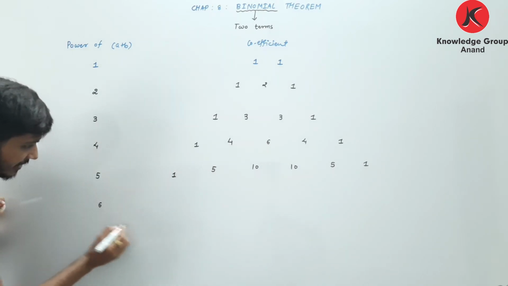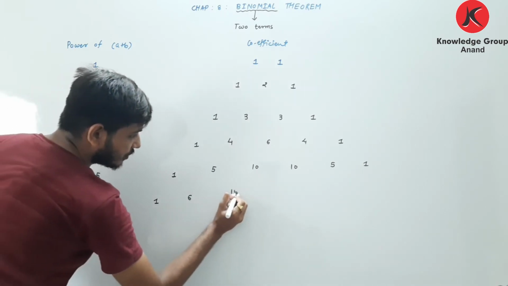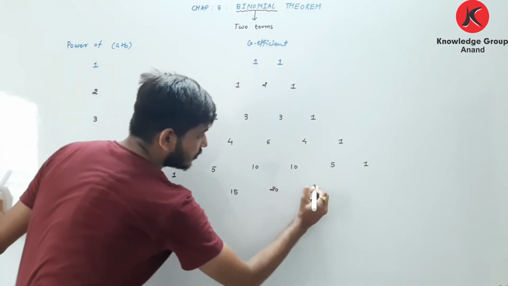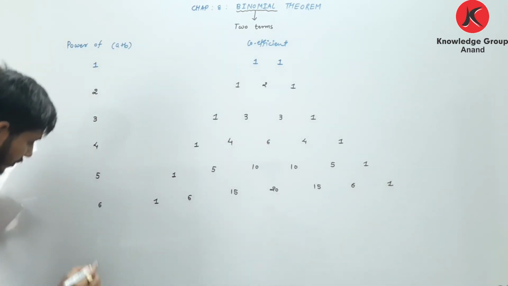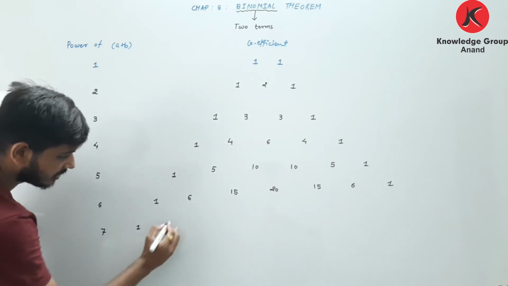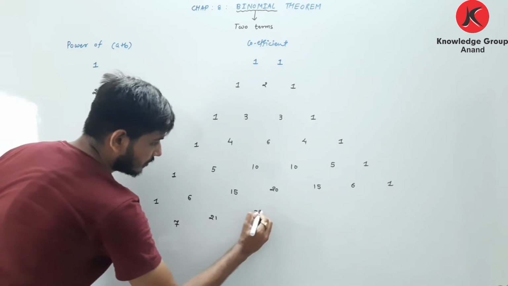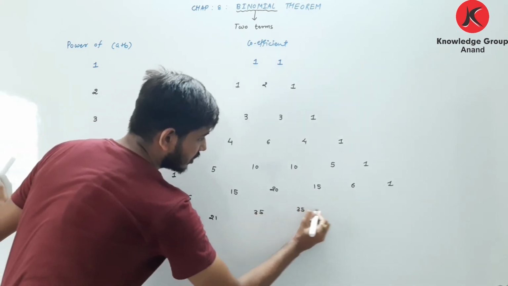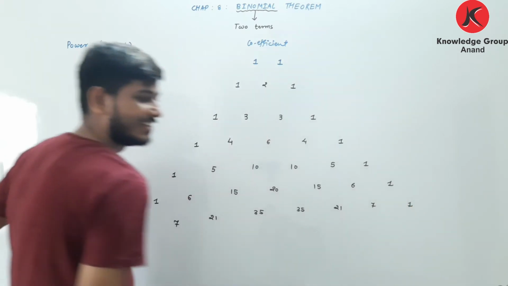Next, power 6: 1 6 15 20 15 6 1. For power 7, the coefficients are 1, 7, 21, 35, 35, 21, 7 and 1.